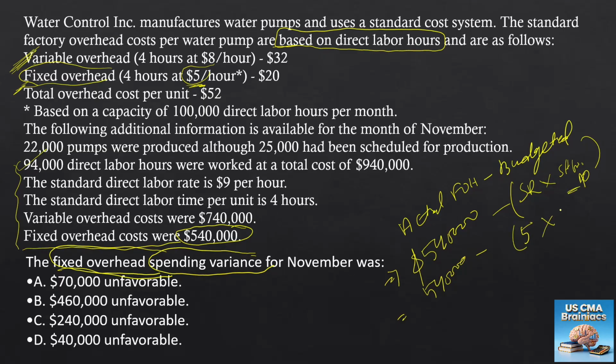This will be 100,000, so it comes to 500,000. Evaluating, it comes to 40,000, and this will be unfavorable.